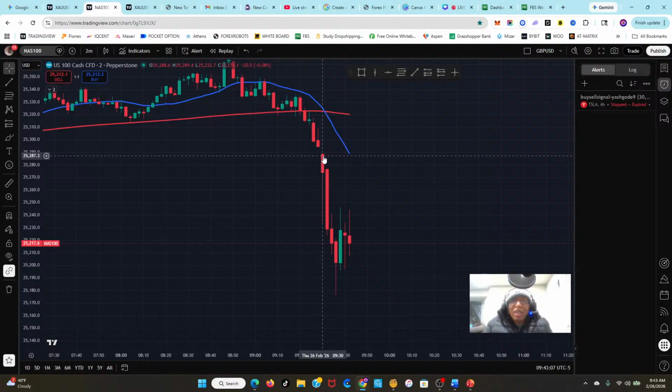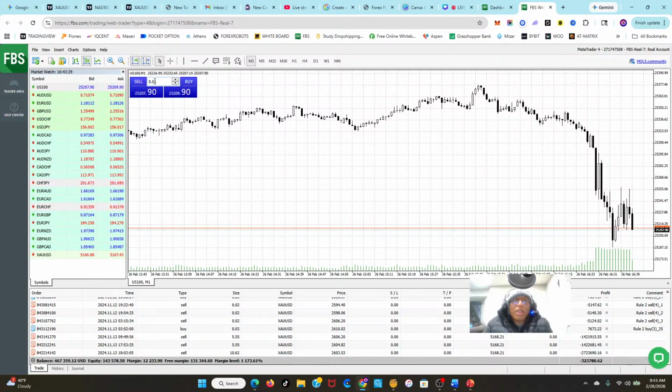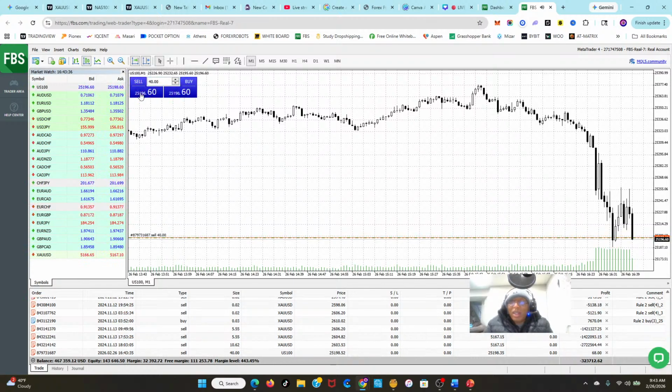We had issues with the internet and couldn't really see what was going on, but it does seem like it's printing another power bar. So what we can do is get in. We're going to sell 40 this time. Let's sell. We are in.